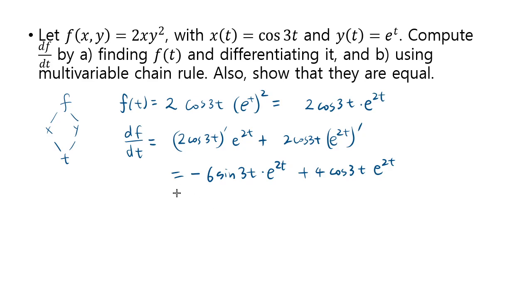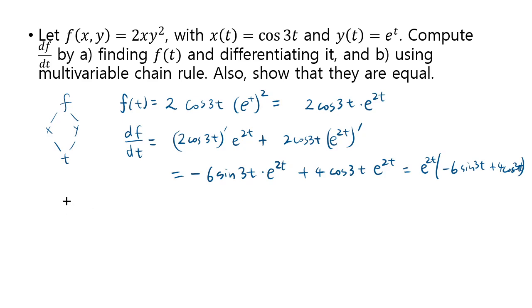And therefore, if you factor the e to the 2t out, the answer would be e to the 2t times negative 6 sine 3t plus 4 cosine 3t. Sorry, I don't have enough space here.